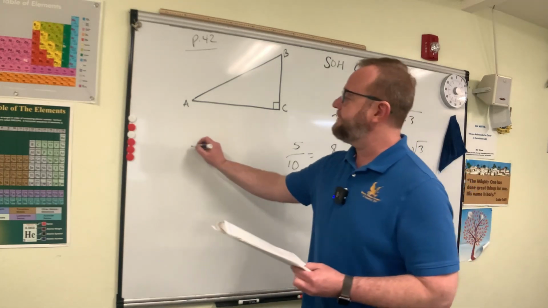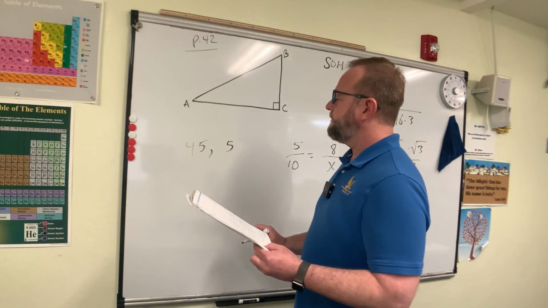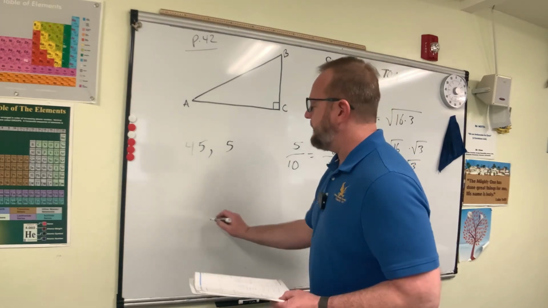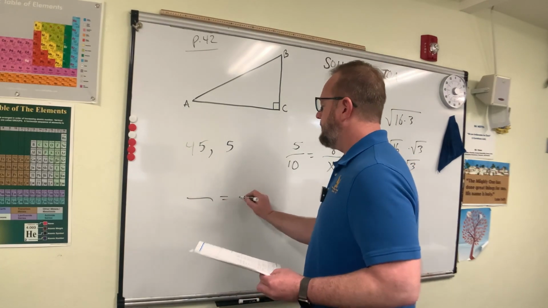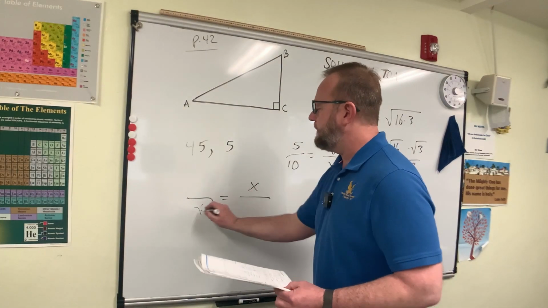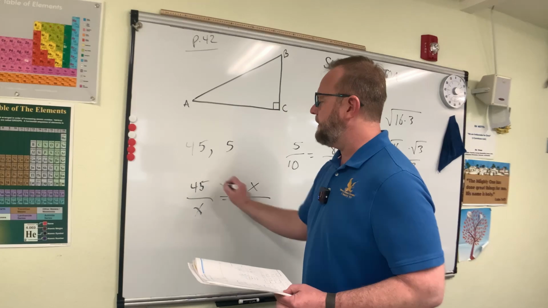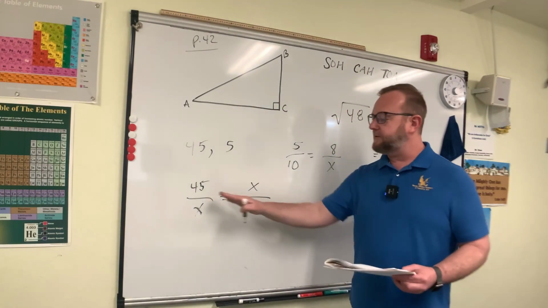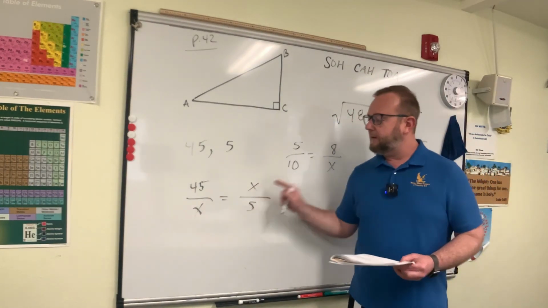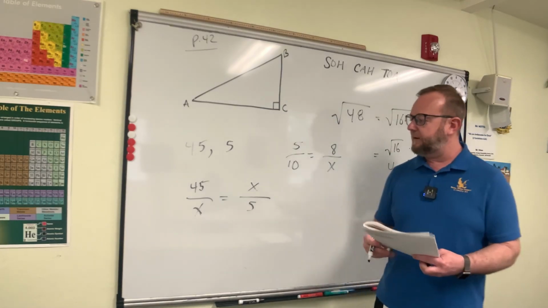If you're given 45, comma, 5, the geometric mean meant you had this proportion going on, and the x is here and here. So the 45 goes there, and the 5 goes here. That's a proportion, and the mean is that x. So you're solving again for that unknown x.